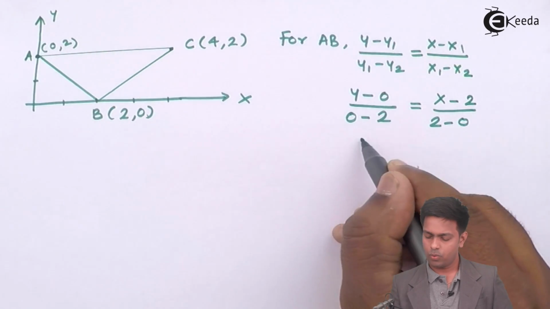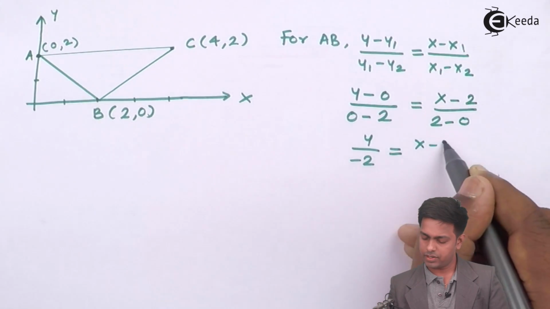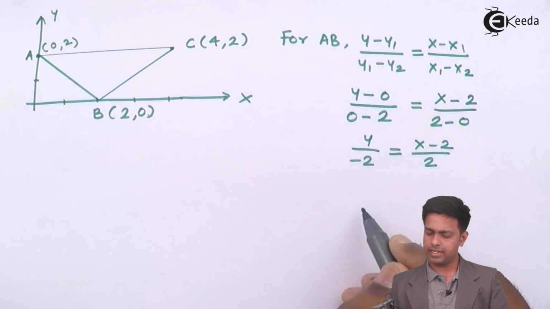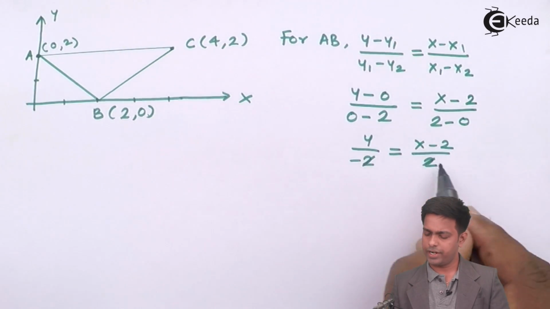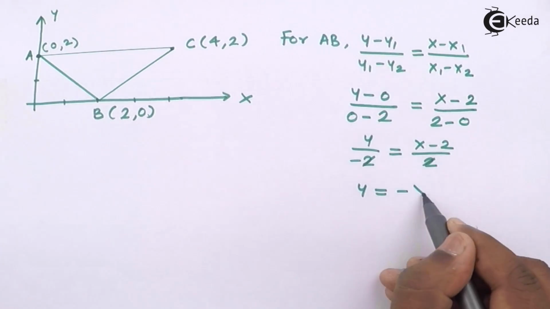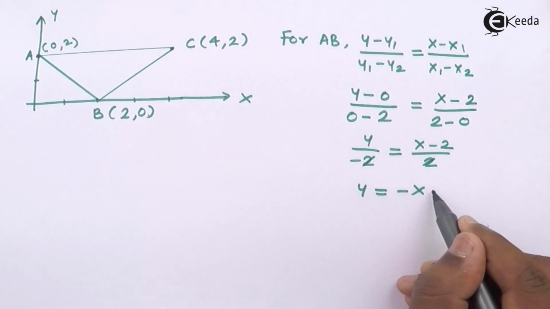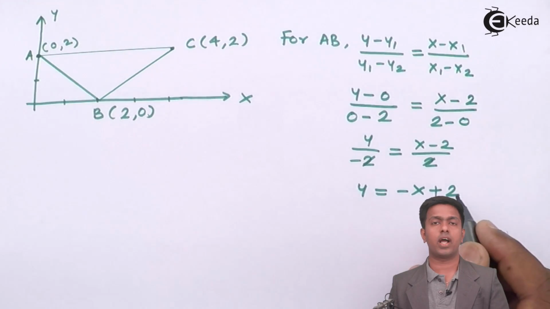Here we will get y by negative 2 is equal to (x minus 2) upon 2. Guys, here I can cancel 2 with 2. We'll do the cross multiplication. So y into 1 will be y, and negative 1 into x, and negative 1 into minus 2, that is plus 2. So we can say that it is nothing but x plus y equal to 2. That is the equation of the straight line.